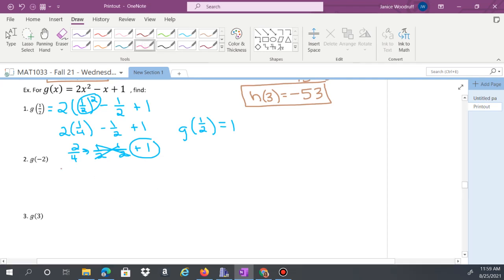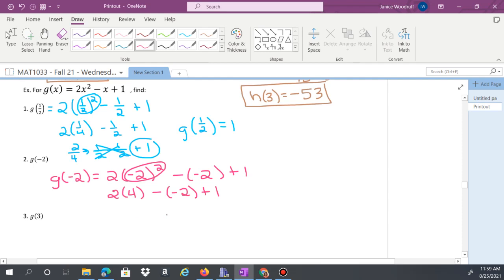All right, next one, g of negative 2. So we have 2 times negative 2 squared minus negative 2 plus 1. So we'll start with the exponent. Negative 2 squared is going to give us a positive 4. So we have 2 times 4 minus negative 2 plus 1. That's going to give us 8.